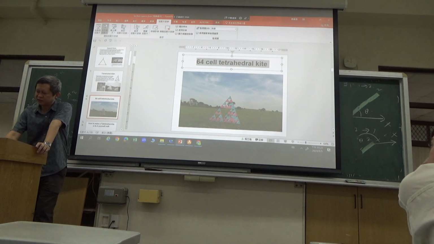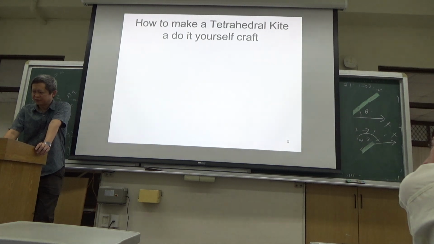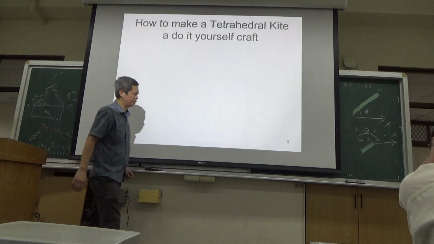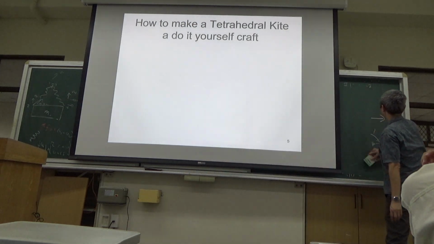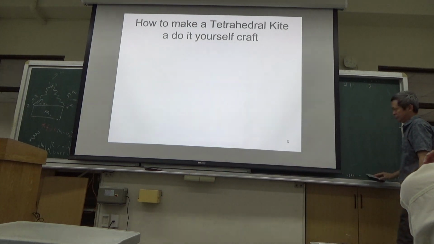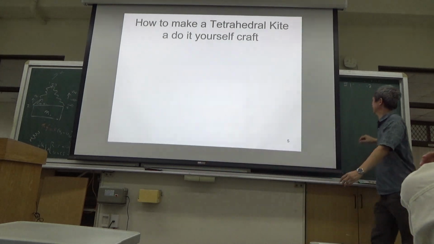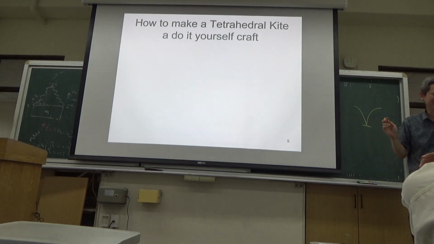Next, how to make the structure. Many of you might think this is a tough one. How can you make it fly? One simple analogy is, as a kid, how do you draw a bird? The easiest way of drawing a bird is a projected view.